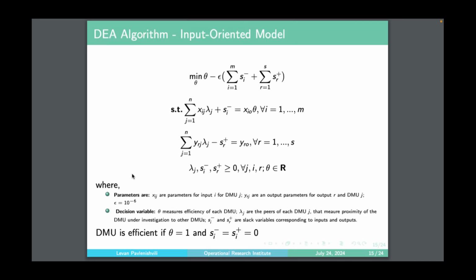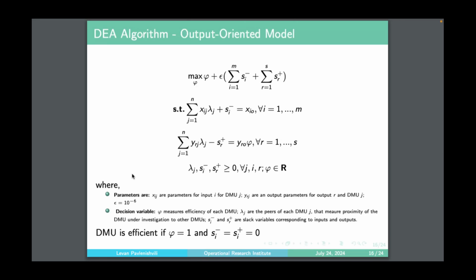The output-oriented model works pretty much the same way. It's just that I'm trying to maximize the output, of course, with absolutely the same philosophy. It's just that I will have this phi parameter here, which would be with outputs. So in this case, what I'm trying to do is maximize the phi, and my efficiency would be 1 over phi.